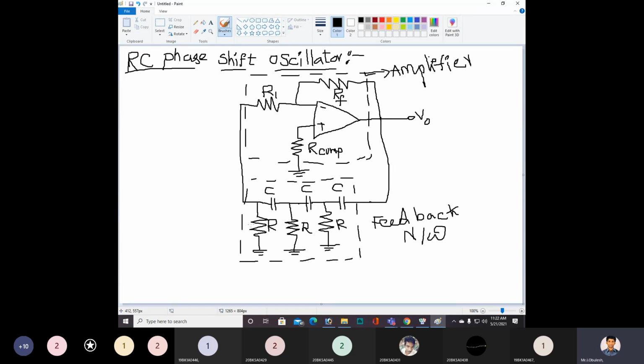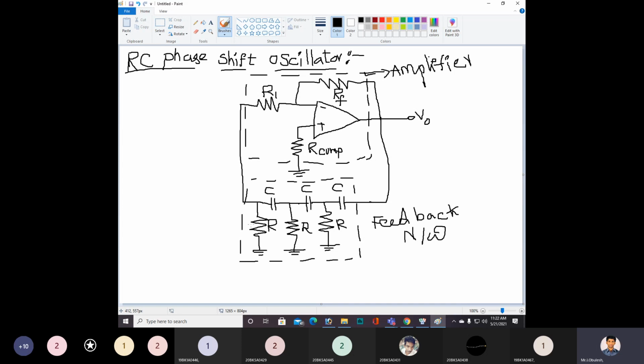This frequency is called the frequency of oscillations.